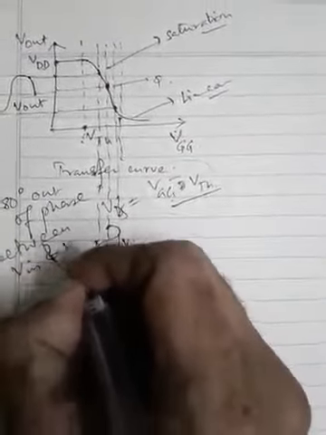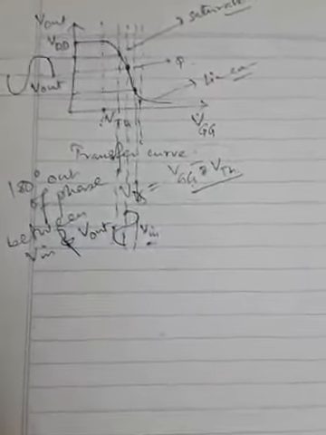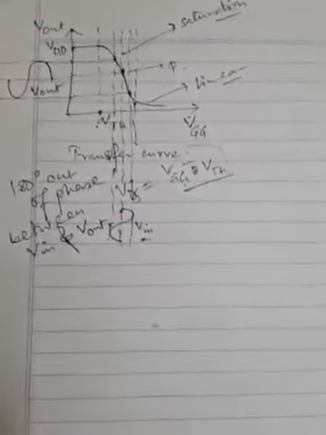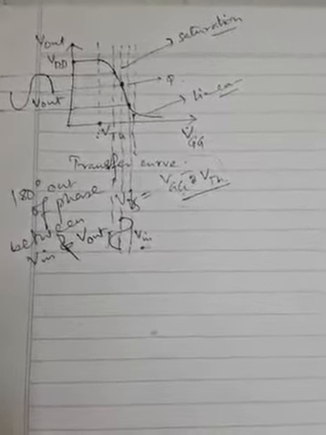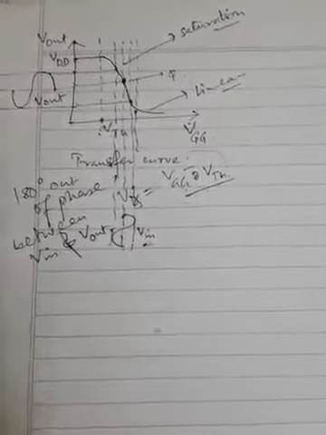The explanation is much the same as we have discussed about the common emitter mode of operation of transistor amplifier using BJT, that why this 180 degree phase difference is observed for this type of amplifier working in common emitter mode or common source mode.